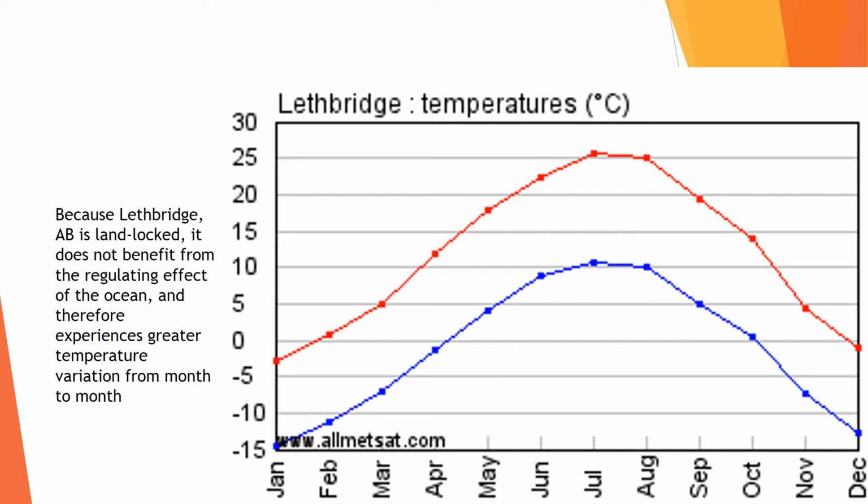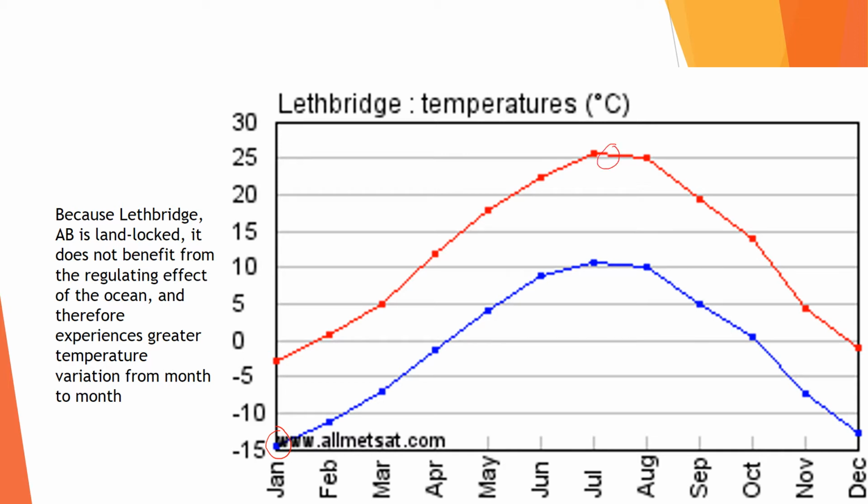And what we find is that the average low in the coldest month is around minus 15. Again, that's average. It often gets to minus 30, minus 40 down there in the wintertime, right? And the highest highs, as far as average temperature goes, is around 25 degrees.